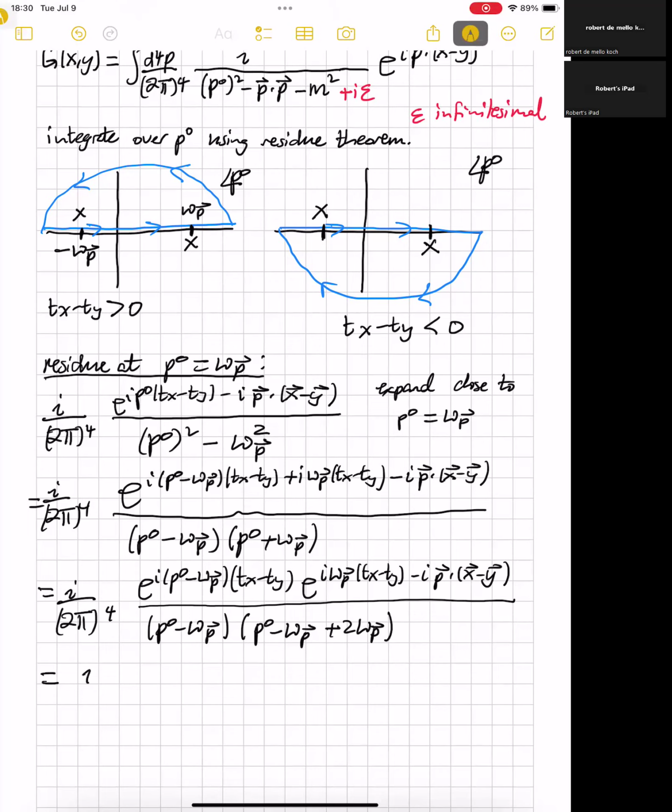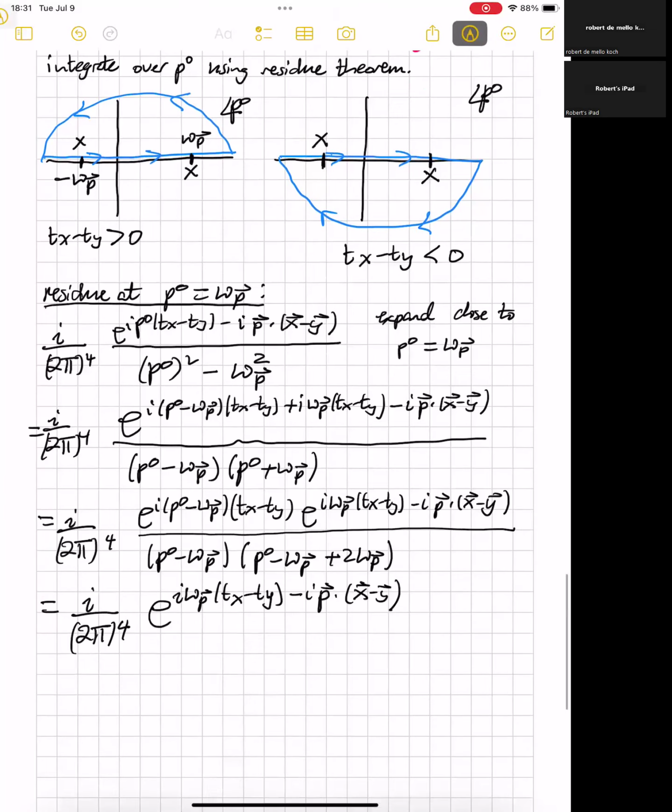So now what is this equal to? Well, I've got i over (2 pi)^4. I'm going to pull this exponential up front, e to the i omega P (Tx minus Ty) minus i P dot (X minus Y).